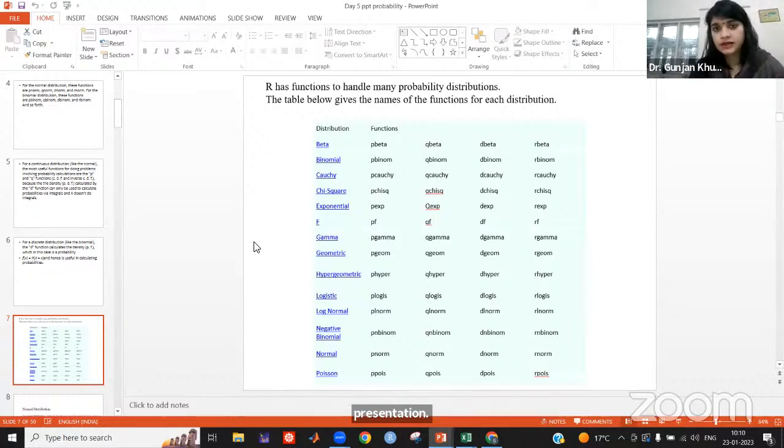However, R can handle beta, Cauchy, chi-square, exponential, F distribution, gamma, geometric, hypergeometric, logistic, log-normal, negative binomial, too. These are the functions related to these distributions. Every time it is prefixed by P or Q or D or R, so it is easy to remember also.